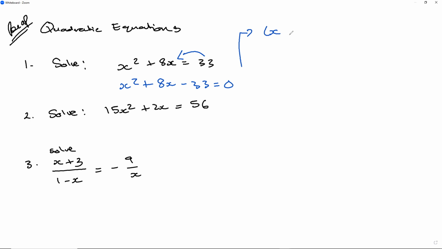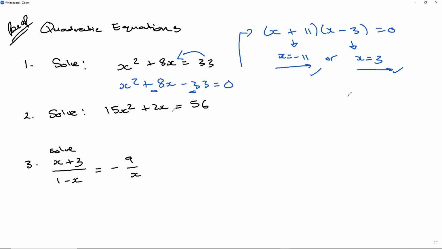I get (x plus 11)(x minus 3) equals 0, because 11 times 3 is 33 and 11 minus 3 is 8. From there, I got x equals negative 11 and x equals 3. So there's my two answers for that.